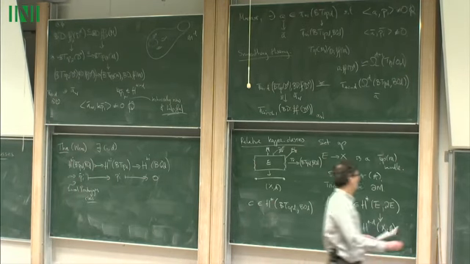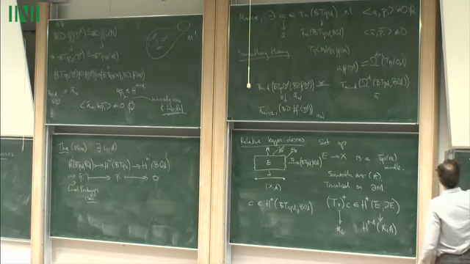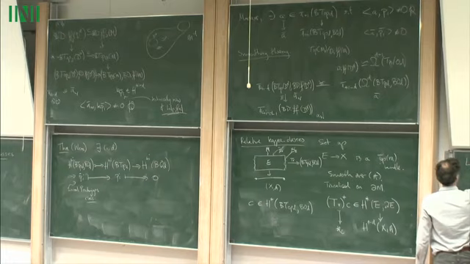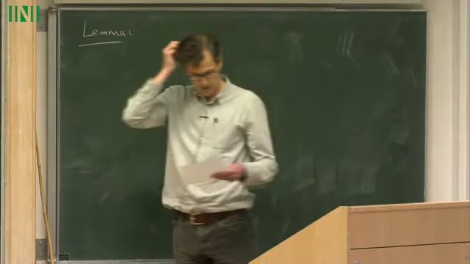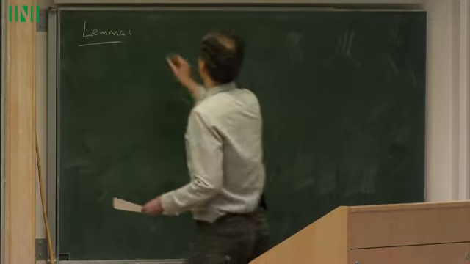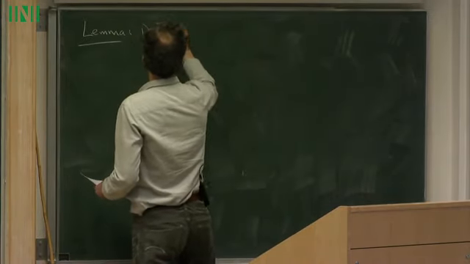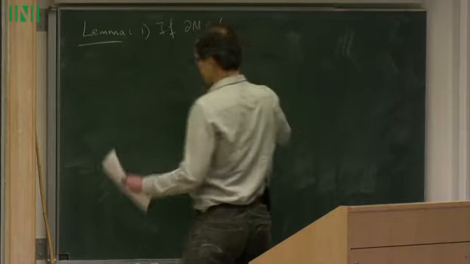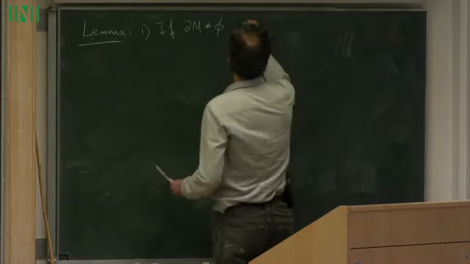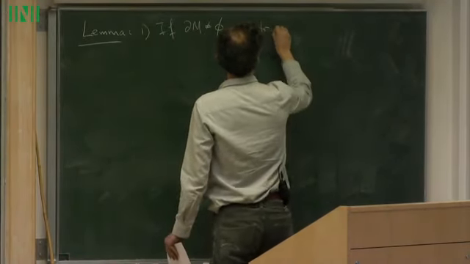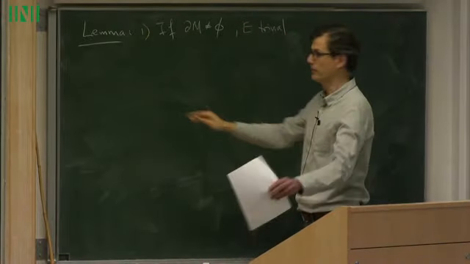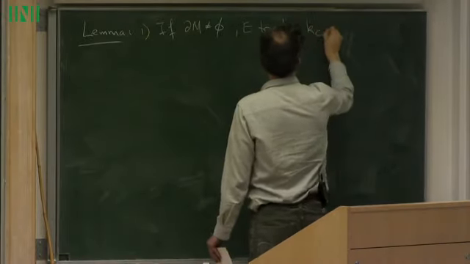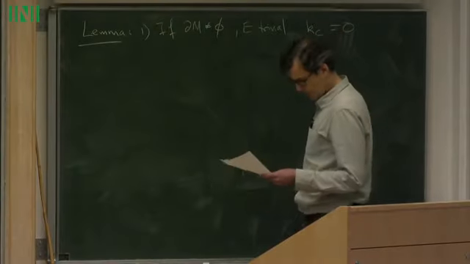So I'll just write down some basic properties once you have this definition of relative kappa classes. So if the boundary of M is non-empty and E is the trivial family everywhere, then kappa C is 0.